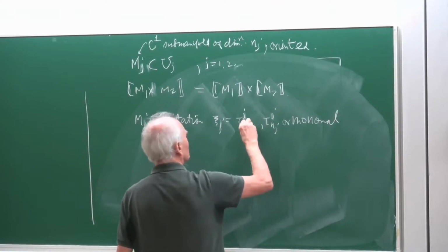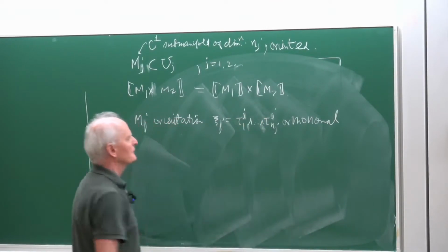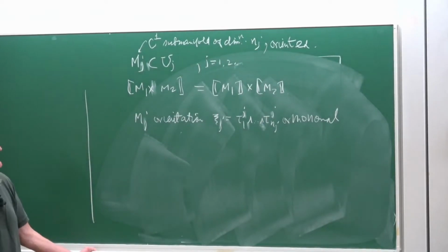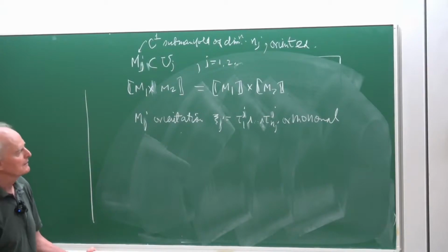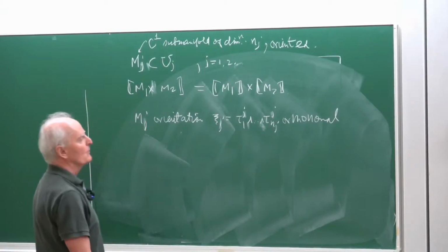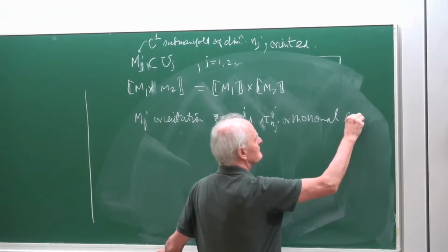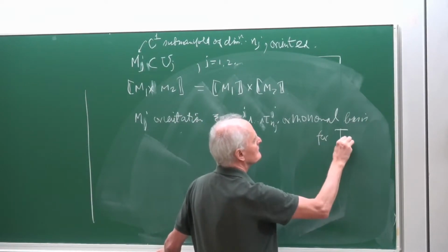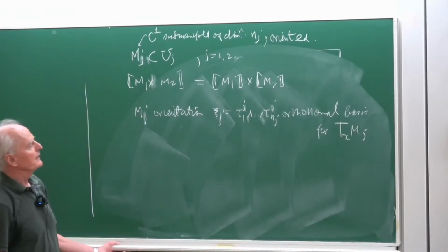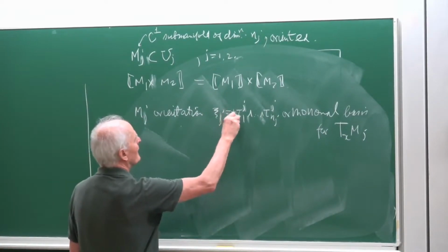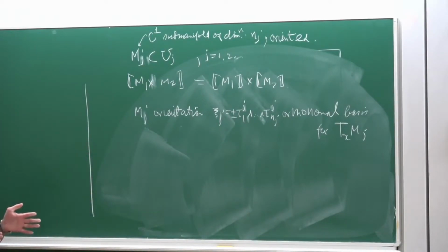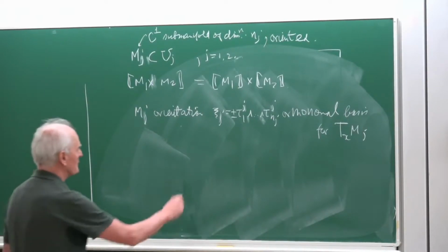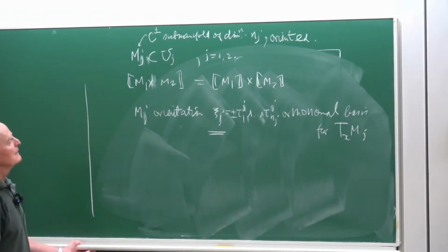Remember, an orientation is a choice of n vectors, in this case a choice of n1 vectors and n2 vectors, wedged together, an orthonormal basis for the tangent space to Mj, j equals 1, 2, and this would be plus or minus, but of course we would choose it so that it's continuous. Orientable means that you can make a choice of plus minus at each point so that this becomes a continuous k-vector.